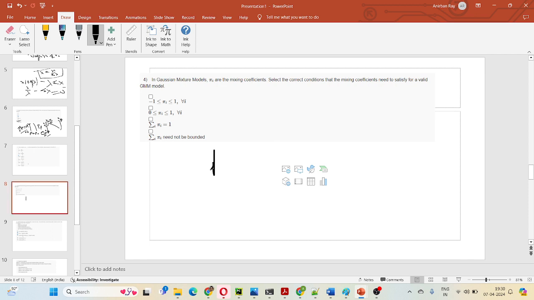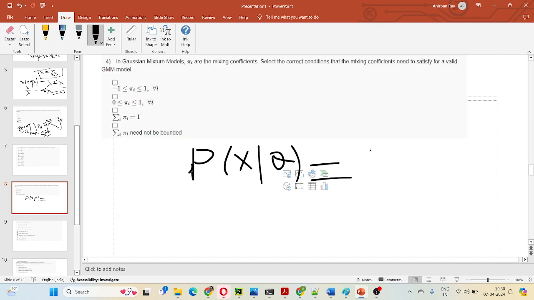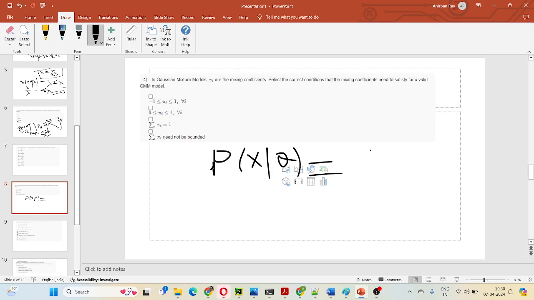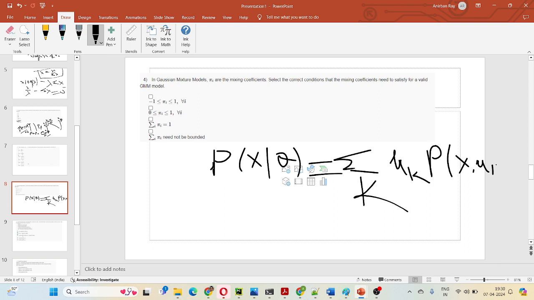Suppose our probability distribution of x, parameterized over some theta, is equal to the summation over k of pi k times the probability, that is one Gaussian distribution, x given mu and sigma.